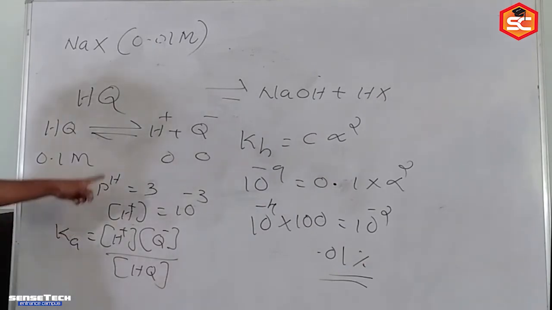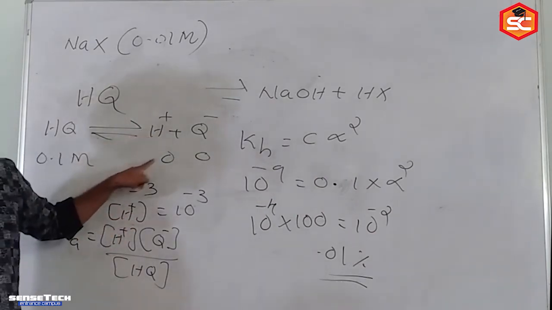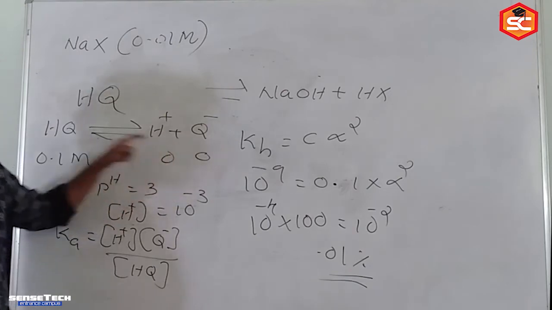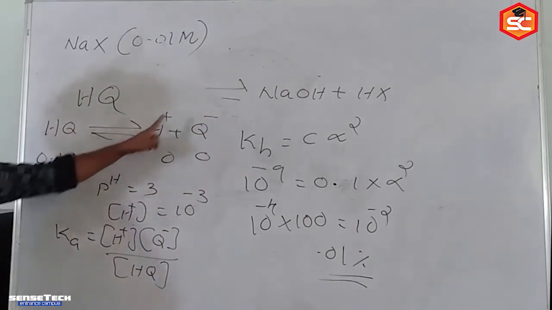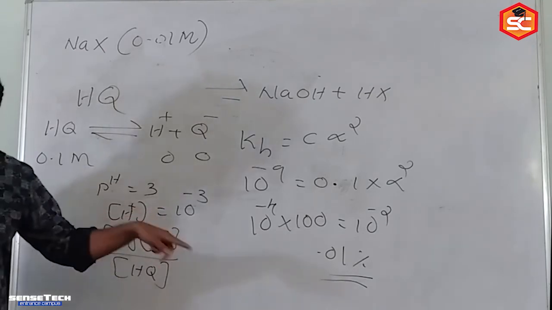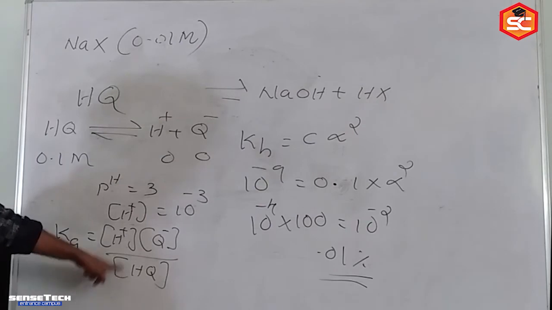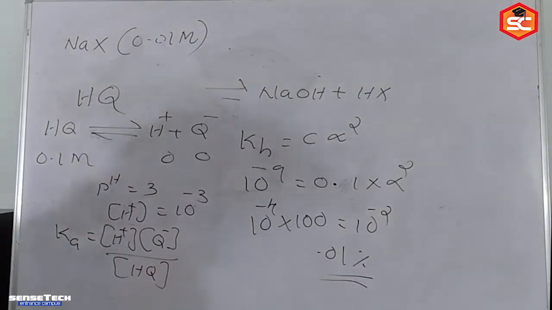The H plus concentration is 10 to the power minus 3, and Q minus is also the same, 10 to the power minus 3, because according to the equation 1 mole of H plus gives 1 mole of Q minus. So 10 to the power minus 3 into 10 to the power minus 3 by the concentration of HQ, which is 0.1 molar. So what is the answer? 10 to the power minus 5.